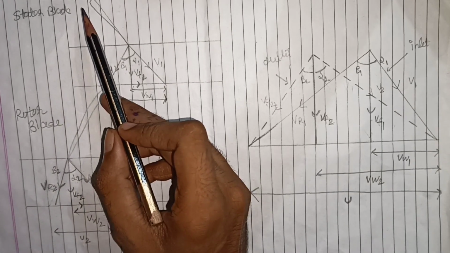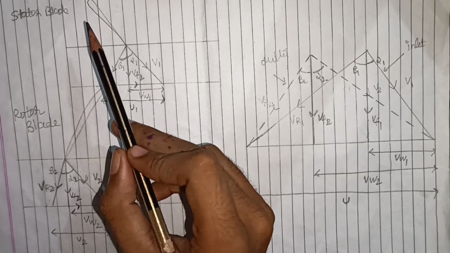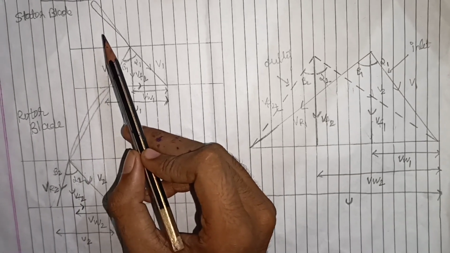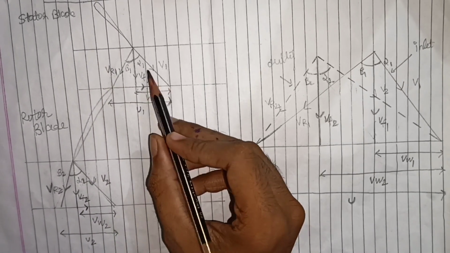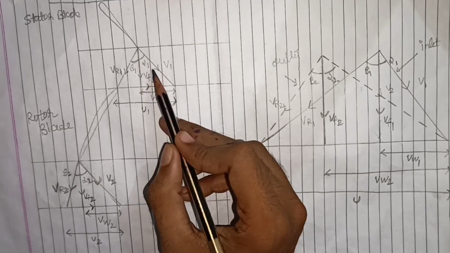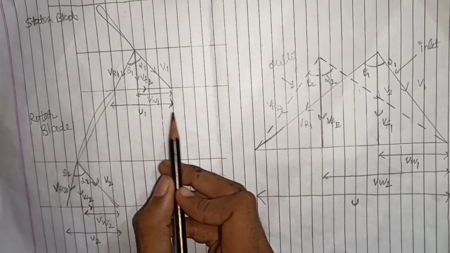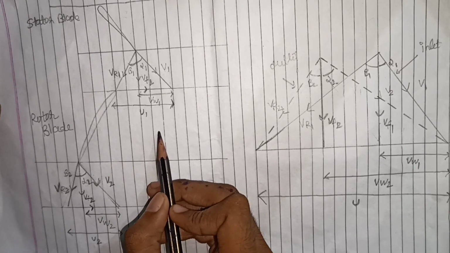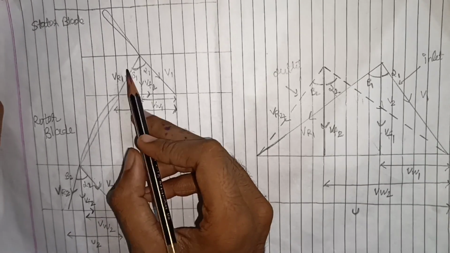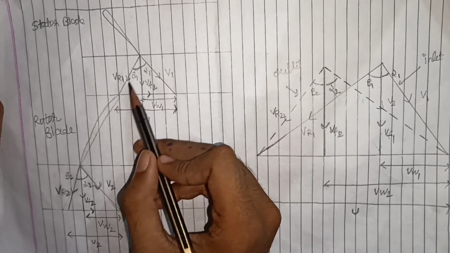As the air enters the stator blade and leaves the stator blade tangentially, we can draw V1 here, and suppose the speed of the blade is u1, so the resultant will be vr1 here.